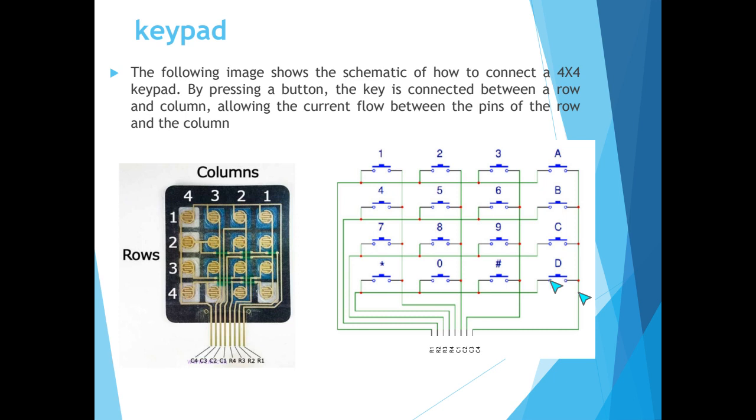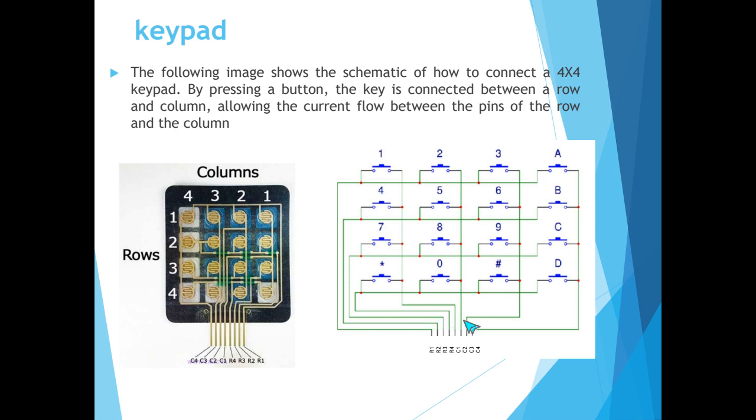So when we press one of the switches, for example, switch 1, then the current between row 1 and column 1 is flowing, and then we can say that the current flows between the pins of this, a pin related to the row of the keypad, and this is a pin related to the column of the keypad.